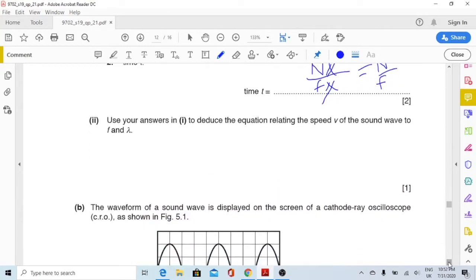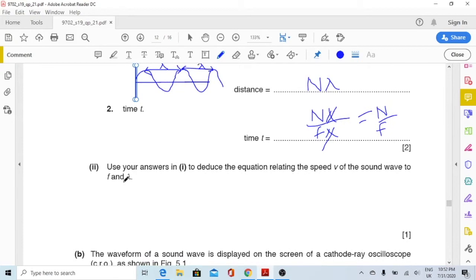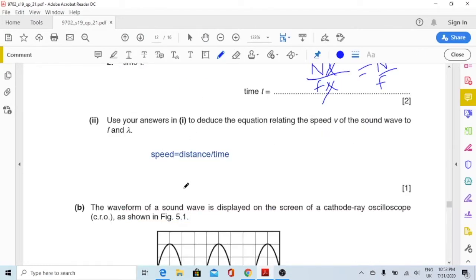Now moving on to the next part, use your answers in part 1 to deduce the equation relating the speed of the sound wave to f and lambda. So speed is equal to distance divided by time. We got distance from the first part, which was n lambda, divided by time.